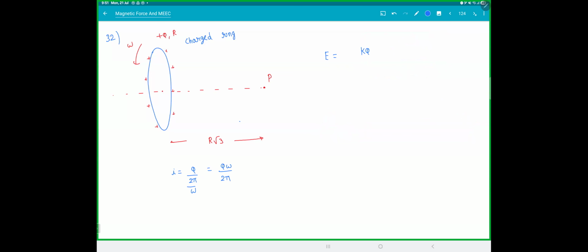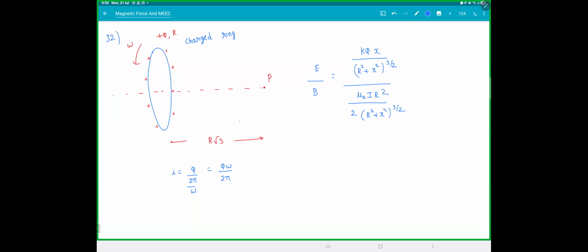I'll do one thing, I'll just keep it in x. Kqx by r square plus x square whole power 3 by 2, by the magnetic field, mu naught I r square by 2 r square plus x square whole power 3 by 2.